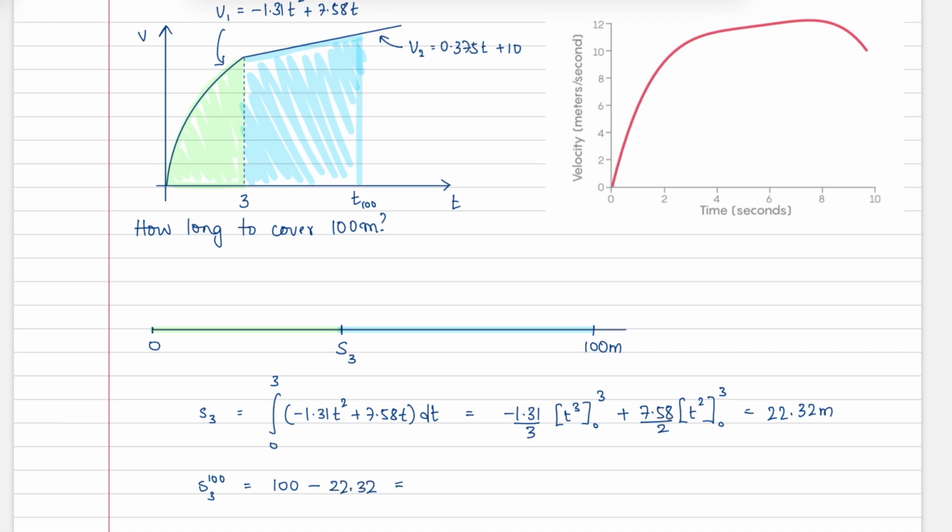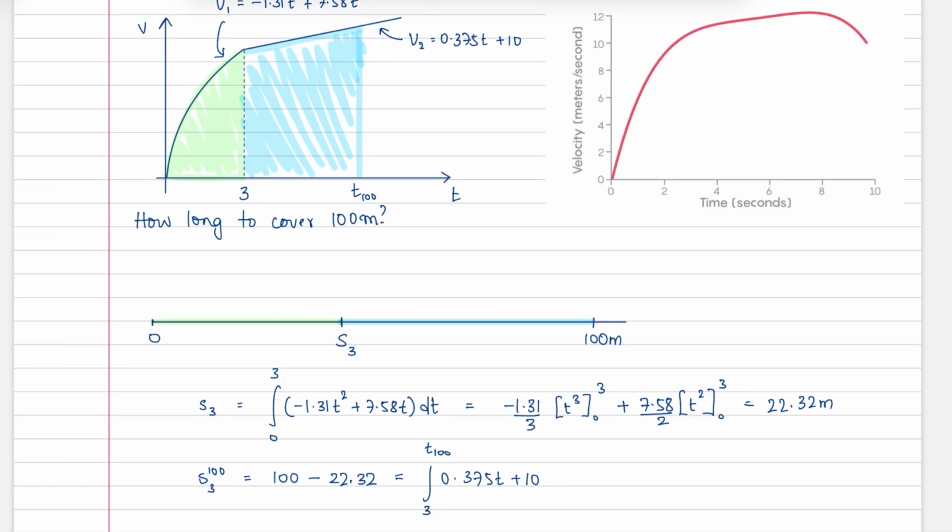This should be equal to the integral of 0.375 t plus 10 going from 0. No, it's not from 0, right? It's from the time 3 to the time t100.